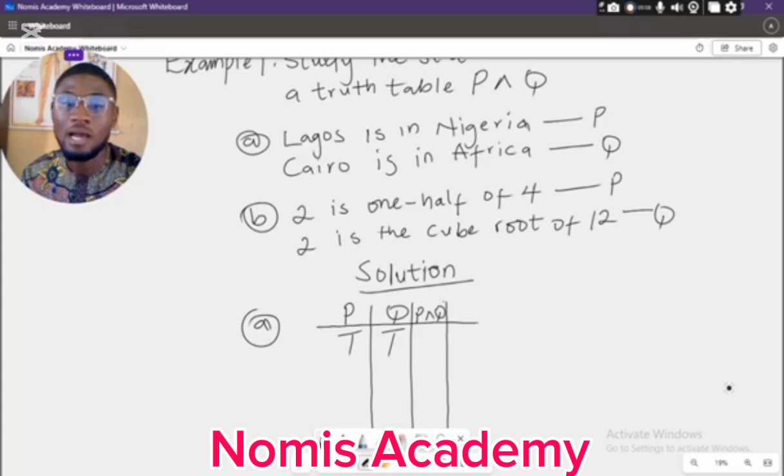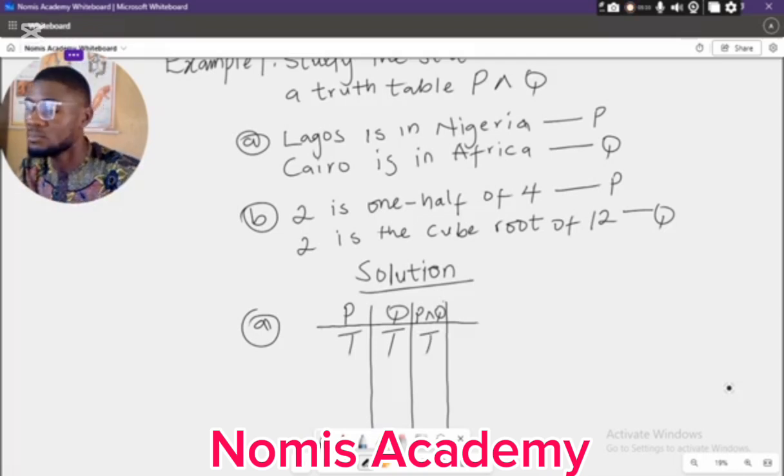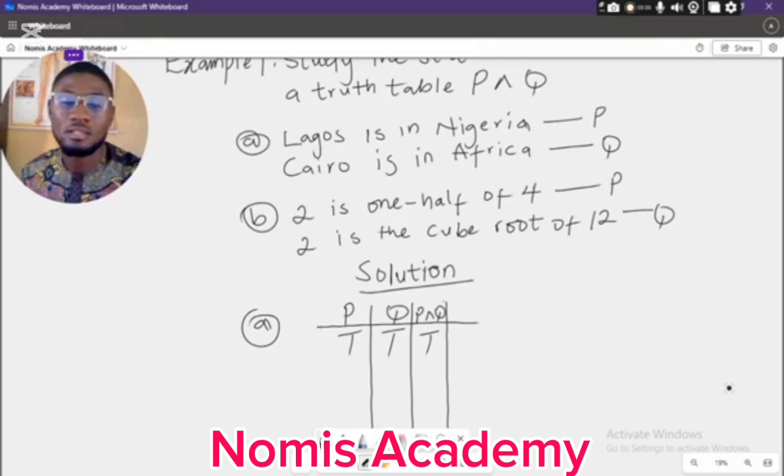P and Q, Lagos is in Nigeria and Cairo is in Africa, are both true, so this will be true. So that's the table for the first one. Since Lagos is in Nigeria is a true statement, and Cairo is in Africa is also a true statement, then P and Q is true.